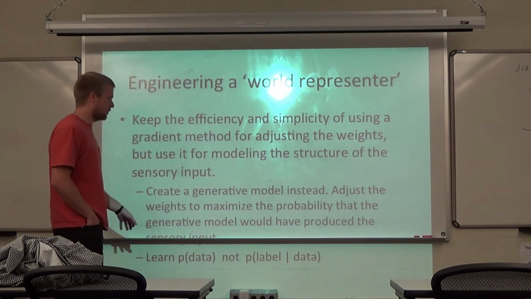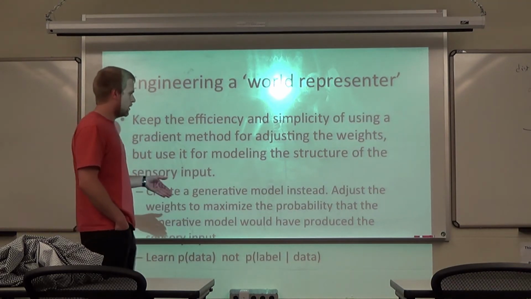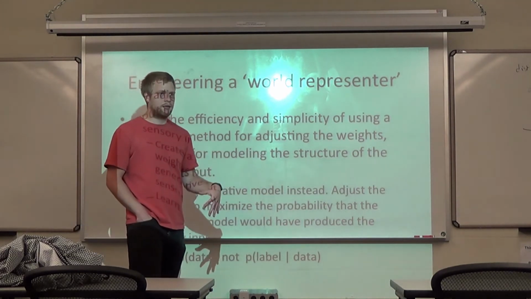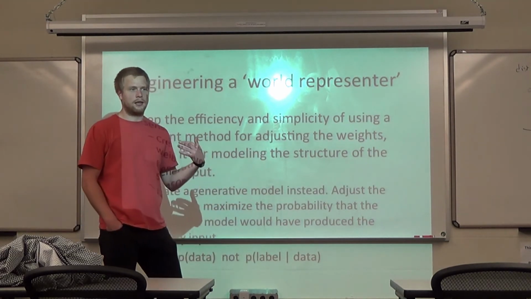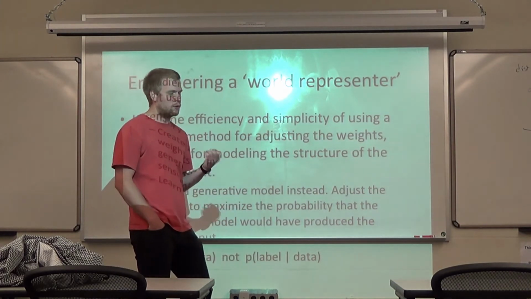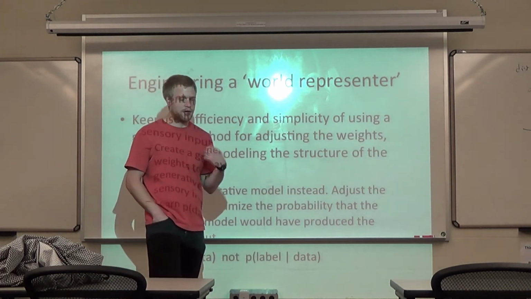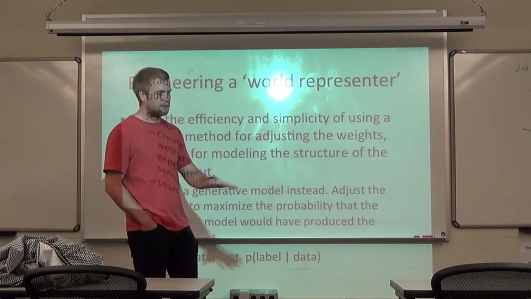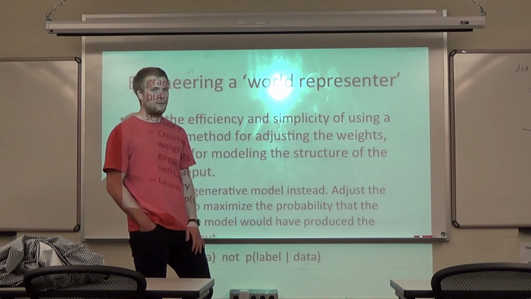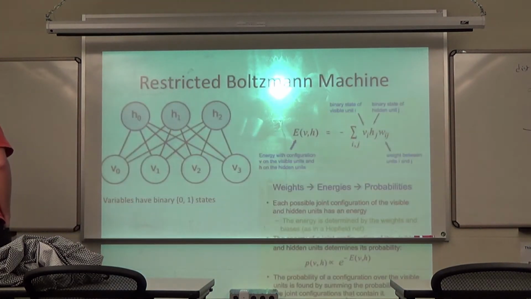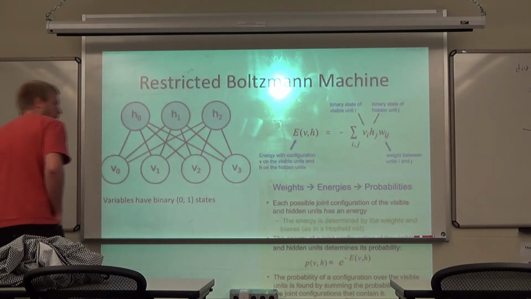Now what we'll try to do is maximize the probability that, if this network generated the data, then we want to change the weights in such a way that when the network generates a visible layer, the visible layer is something like the data. Okay, so I'm going to go off the slides now.